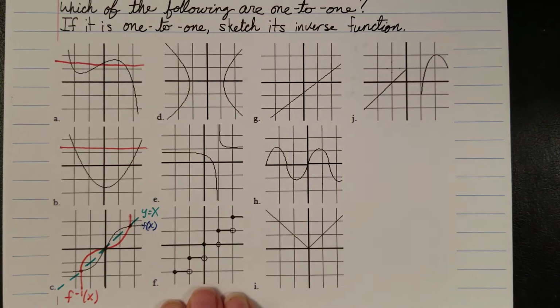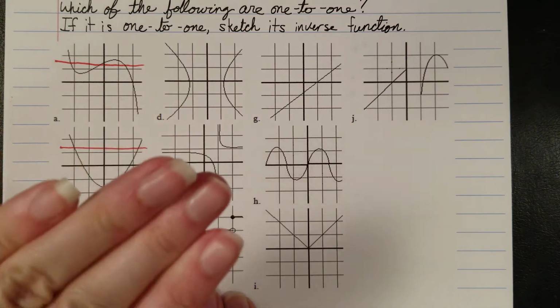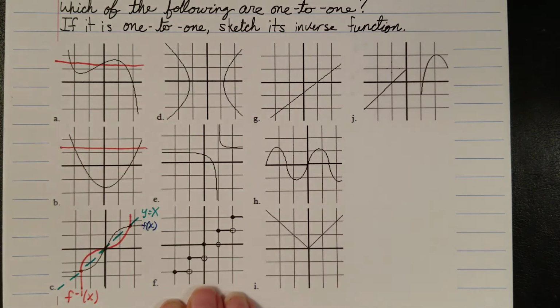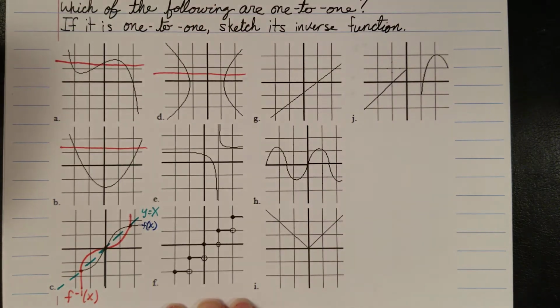See how it's like a mirror image? It flips over that line. All right, and graph D is actually not a function because of the vertical line test, and it's also not one-to-one by the horizontal line test.